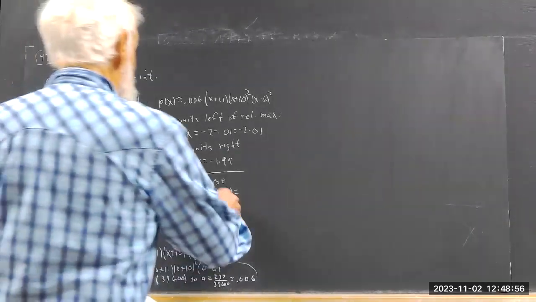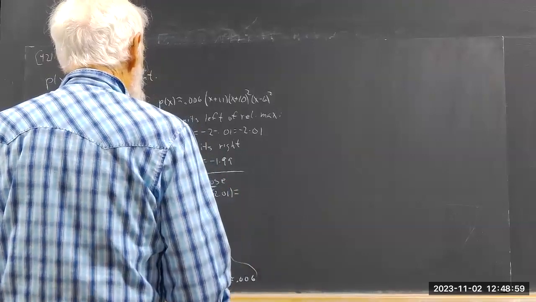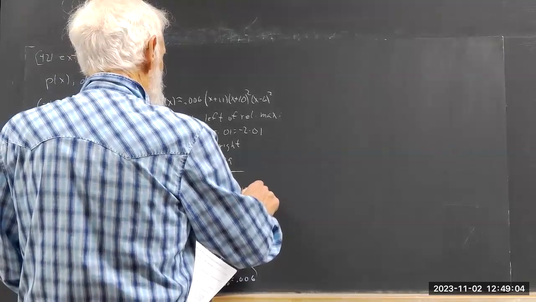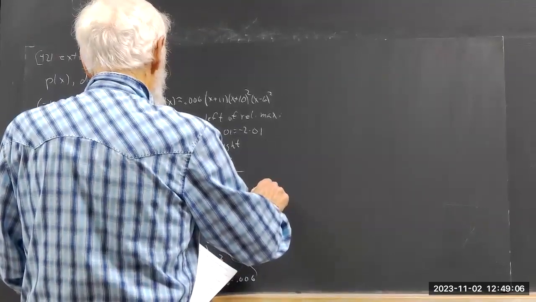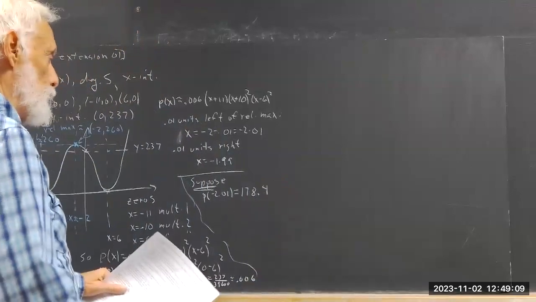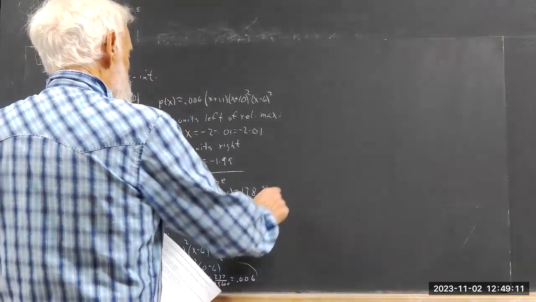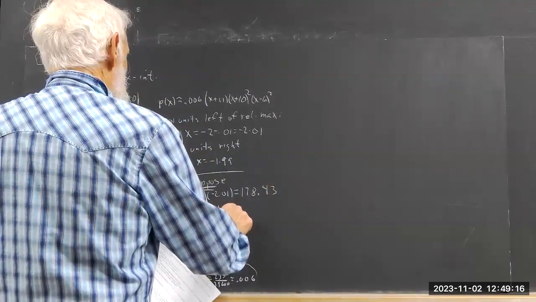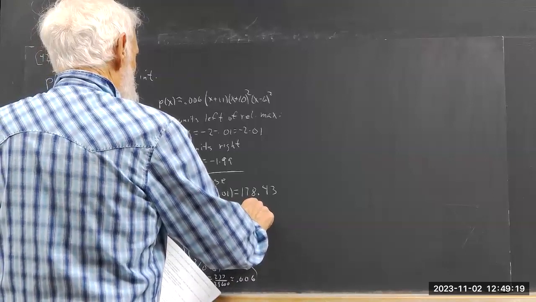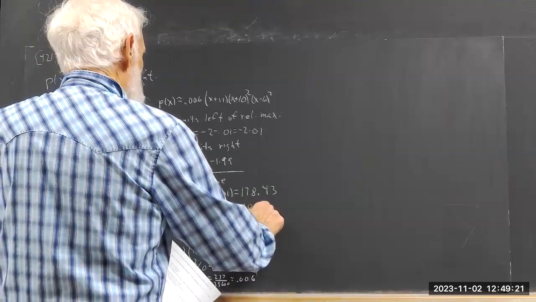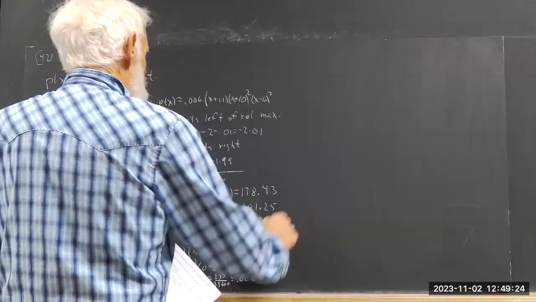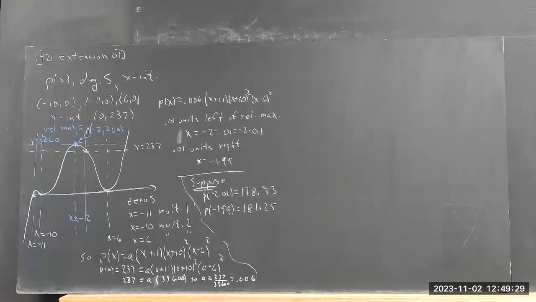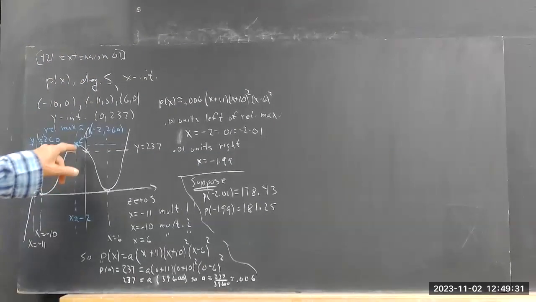So I'm just going to pretend, and you could calculate this. P of -2.01 equals 178.4. P of -1.99 equals 181.25. Okay, so what does that tell you about the graph?